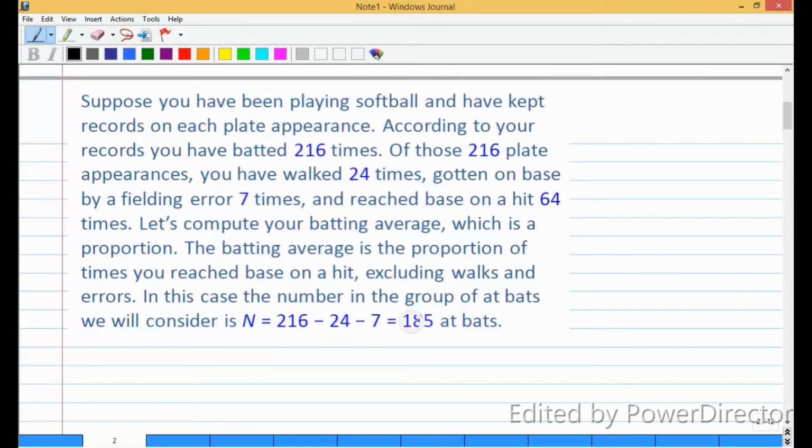So you have 185 at-bats. Okay? So if we have 185 at-bats, our proportion P is going to be how many hits we had, 64, over the number of at-bats, 185.